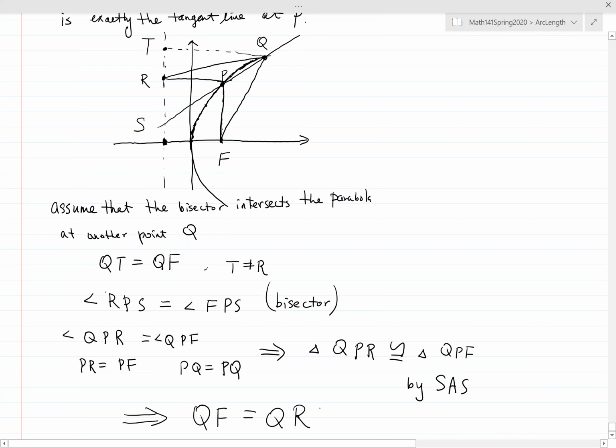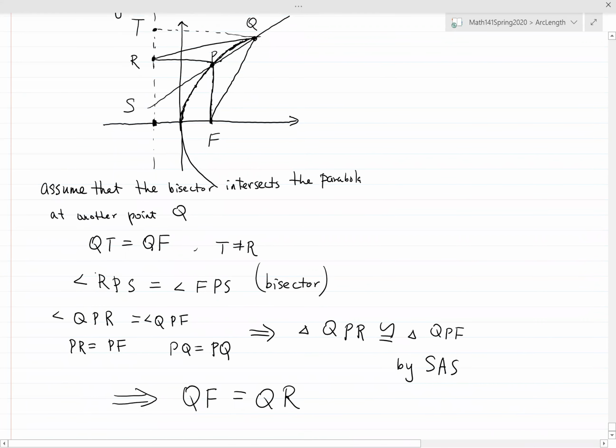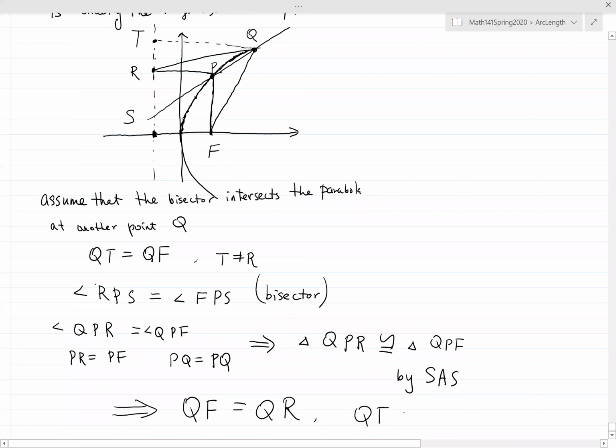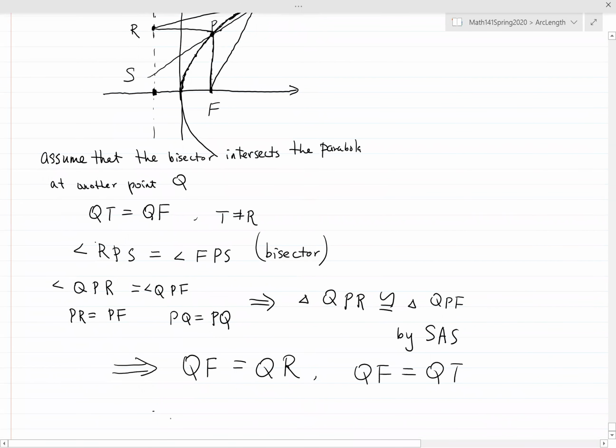Now remember QF equals QT. So this means QT equals QR.